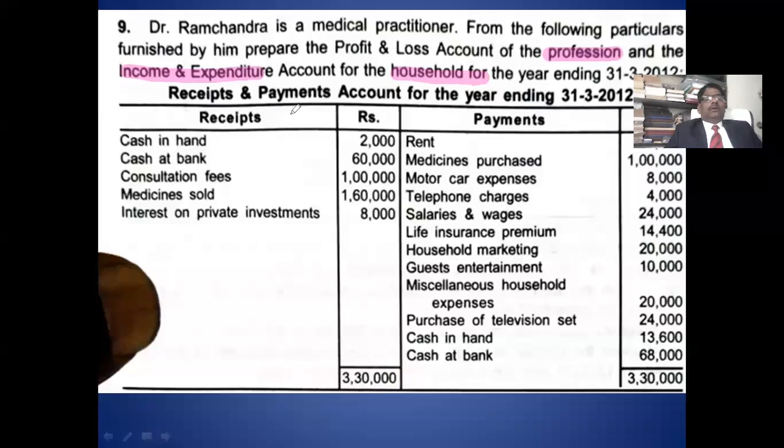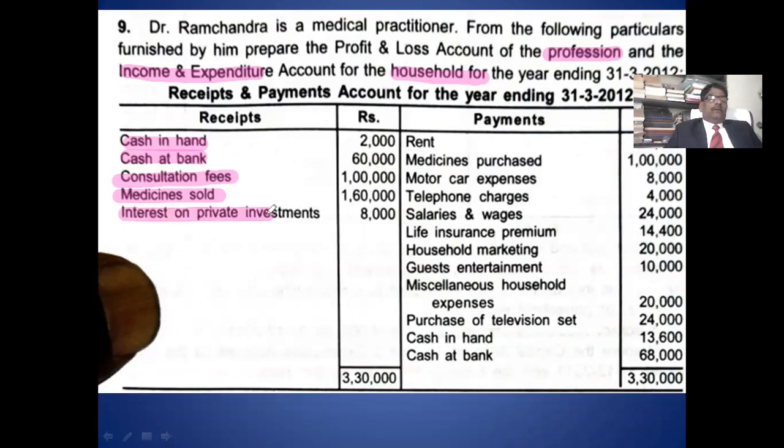Okay. In the receipts and payments, cash in hand, cash at bank are assets related to the opening balance sheet. Consultation fee relates to the profession, so it goes to the P&L account, credit side. Medicine sold is income connected with the profession, so it also goes to the P&L account, credit side.